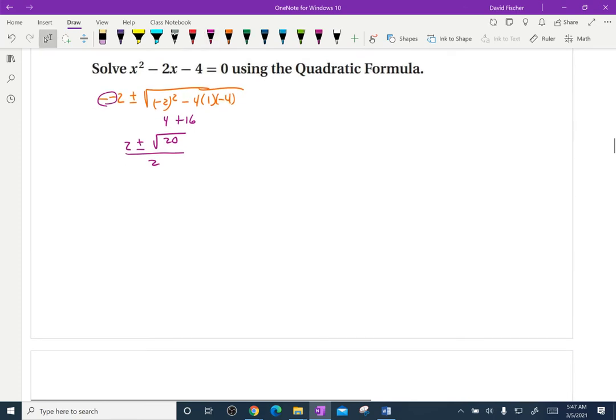So now this is where what we did yesterday comes in. We would say 2 plus the square root of 20 over 2, and 2 minus the square root of 20 over 2. So now I would do that work in my calculator.